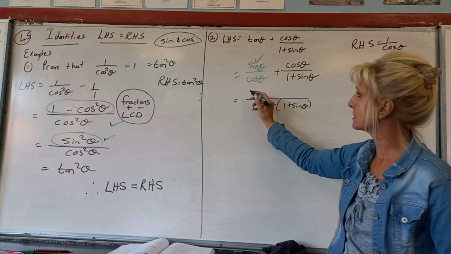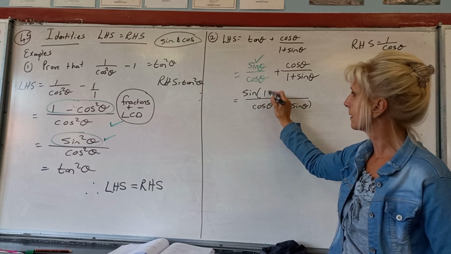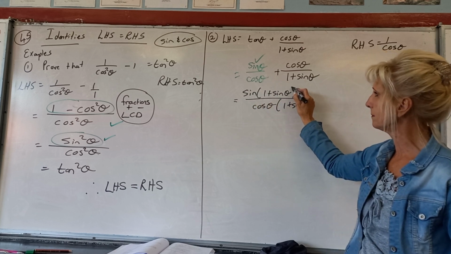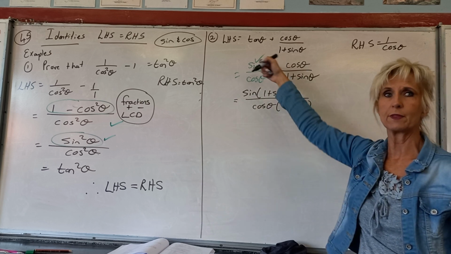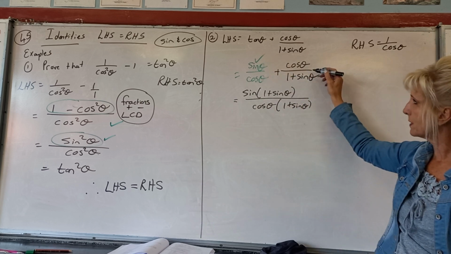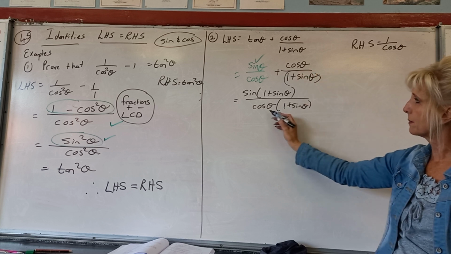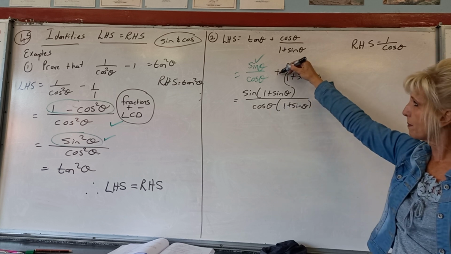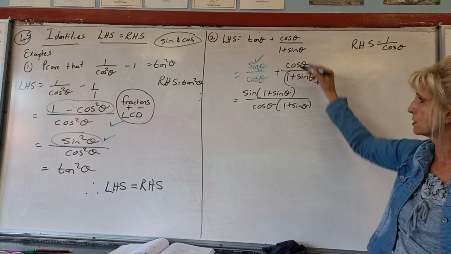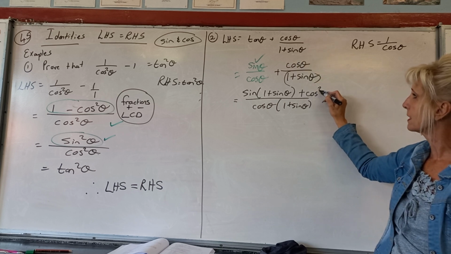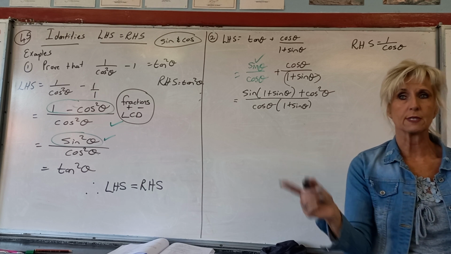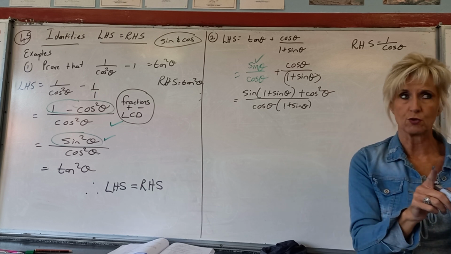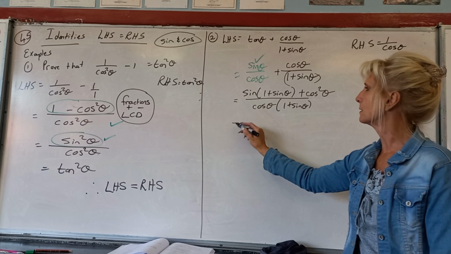So I must times that sin also with that bracket. What is happening here? What I times at the bottom, I times at the top. What did I times at this bottom? Cos. I timesed it with cos. So you must times plus cos with cos, and you're going to get cos square, not 2 cos. Cos theta times cos theta is cos square, not 2 cos. Right? And then what do you think?